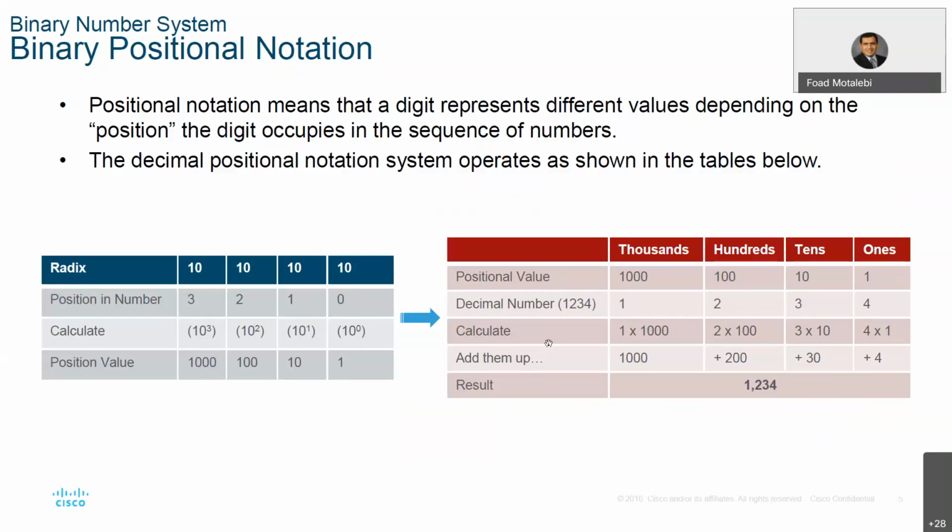So if a number is 1,234, at the ones it has 4, at the tens it has 30, at the hundreds it has 200, and at the thousands it has 1,000. Add them up together and you get 1,234. So this is the decimal numbering system, which we have been following since the beginning of our education.